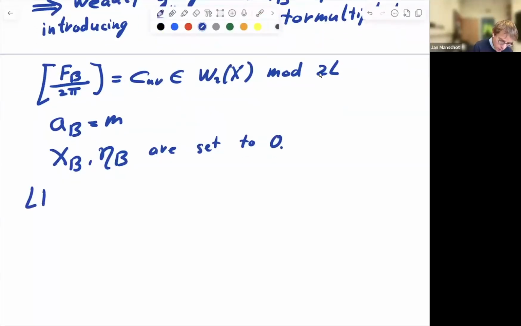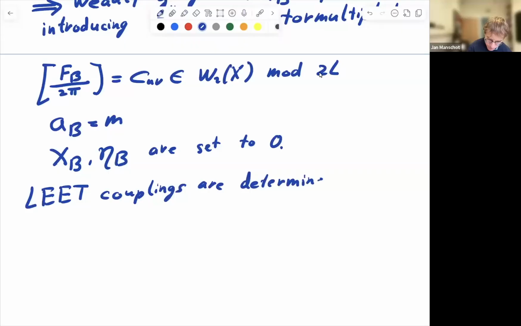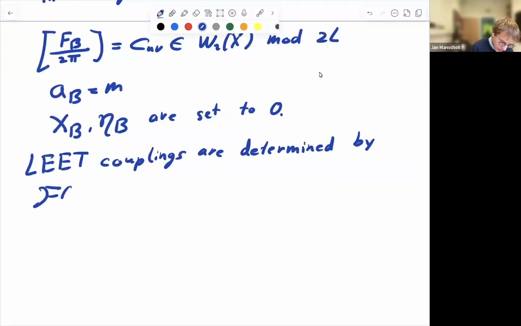And then we have the low energy couplings in the low energy effective field theory, which are determined by the prepotential, the curly F. For example, by the second derivative of F with respect to a and m.